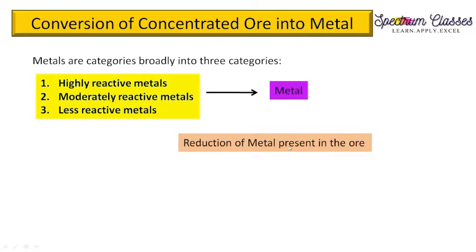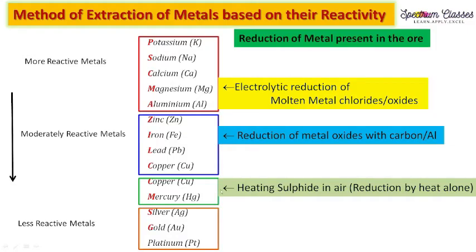First, I will give you a brief overview of the less reactive metals. The sulfide ores of these metals are first roasted to convert them to oxides, and on further heating, these metal oxides are converted to the metals, so the reduction of these metals is done by heat alone.